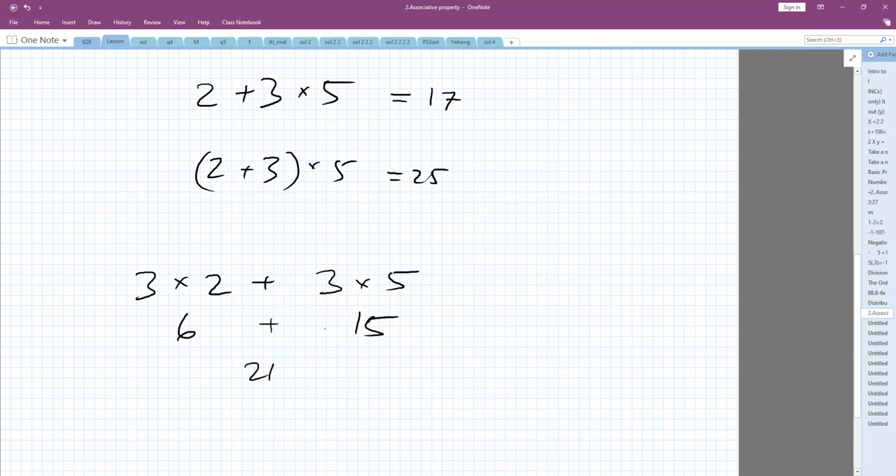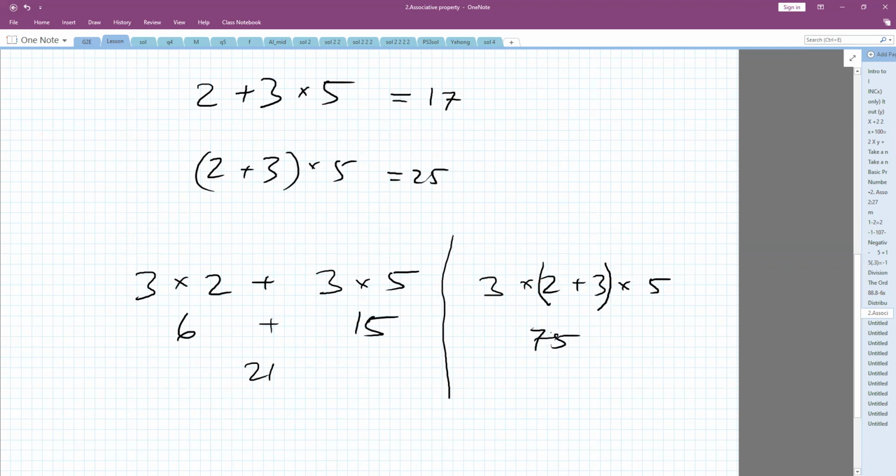Very good. So you know the rule that when we have something like this, you do this multiplication, you do this multiplication, and then you add them. Of course, you now know the difference when you have 3 times 2 plus 3 times 5, but then I put a bracket here. That will be 75.